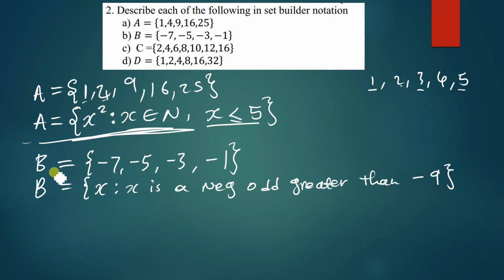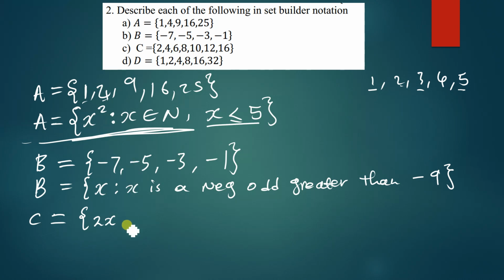Okay, let's move on to C. C is also very simple. Set C can also be written in set builder notation as 2x, because when you look at these numbers, we have 2, 4, 6, 8, 10, 12, 16. There is no 14 there, so look at that properly and check.